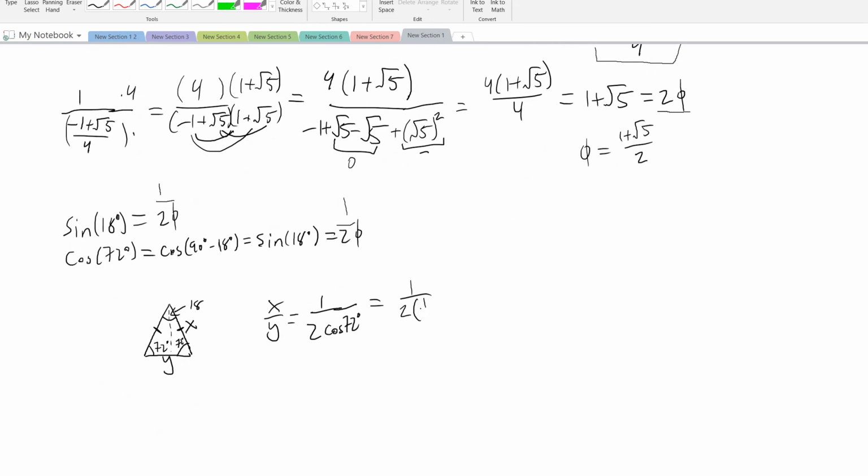And so we get that, actually. Now our 2's here cancel. And then I can multiply numerator and denominator by phi. And we're left with just the golden ratio. How interesting. The long side of our golden triangle, divided by the short side, gives us a golden proportion.